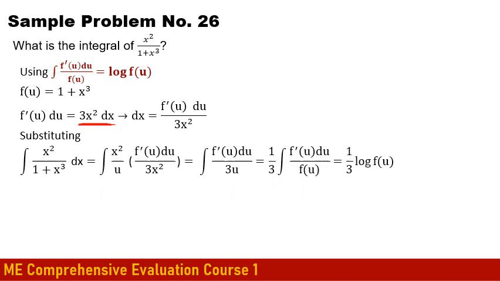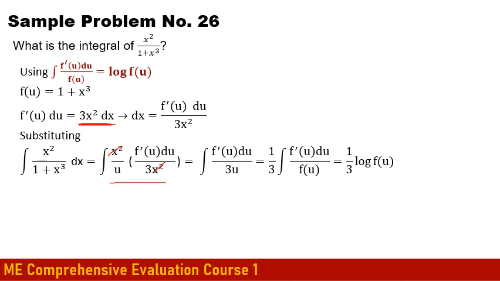Substituting our x squared over 1 plus x cubed dx, the integral of that will just simply become x squared over u multiplied by f prime u du over 3x squared. And this form can be reduced further to this form by cancelling out the x squared.